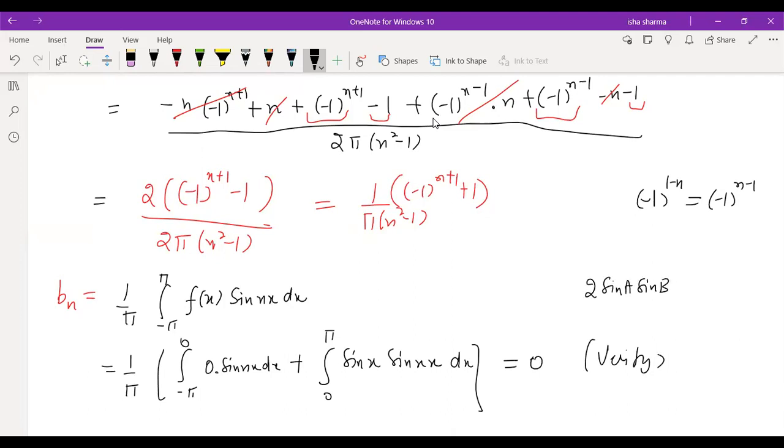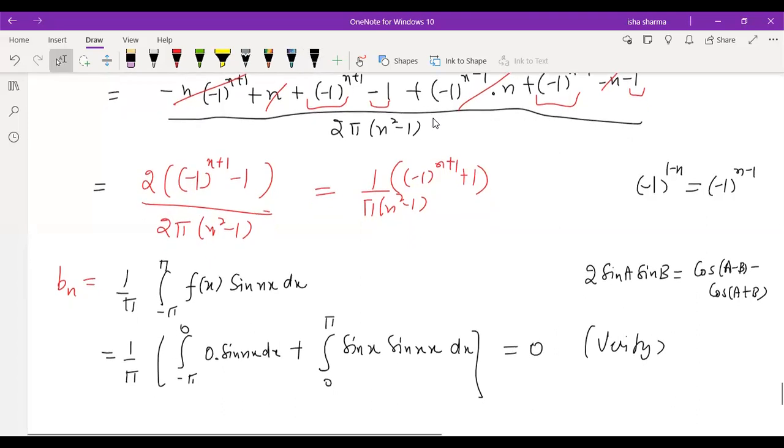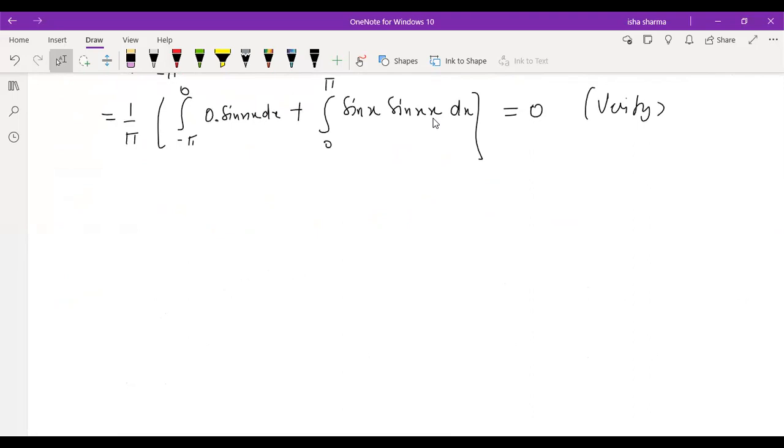This time it is the product of two sines, two sine A sine B, and that is going to be cos A minus B minus cos A plus B. So this is the formula for 2 sin A sin B which we will be using, and then there will be two cosines coming and their integral will be sine, and when you substitute pi and 0, sine of something into pi is also going to be 0. So it is very easy to solve this integral, you will get the final answer to be 0.